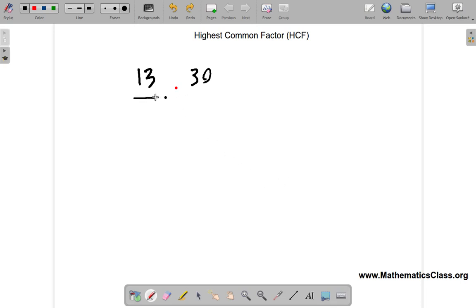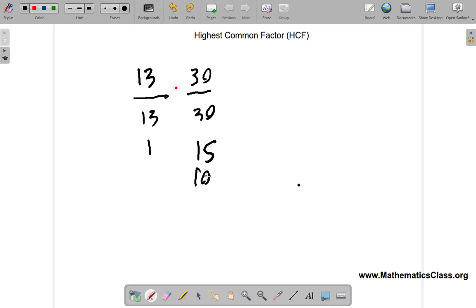Let's look at the factors of 13. There's 13 itself. What's the next factor? It's 1, of course. What are the factors of 30? There's 30 itself. What's the next biggest number that can divide into 30 without leaving a remainder? It is half of 30, which is 15. Alright. Try 14, 13, 12, no, 11, no, 10. 10 can go directly into 30 without leaving a remainder. Let's go down. 9, 8, 7, 6. 6?